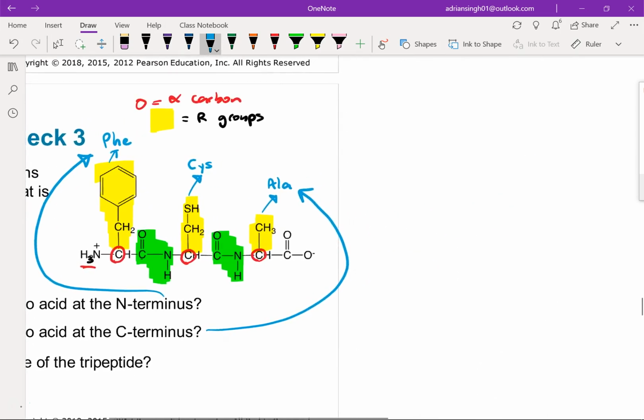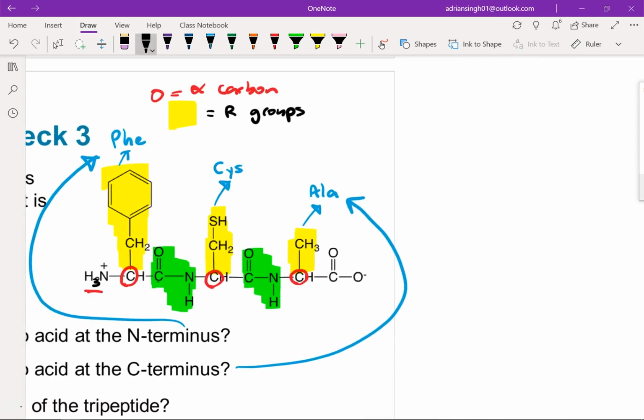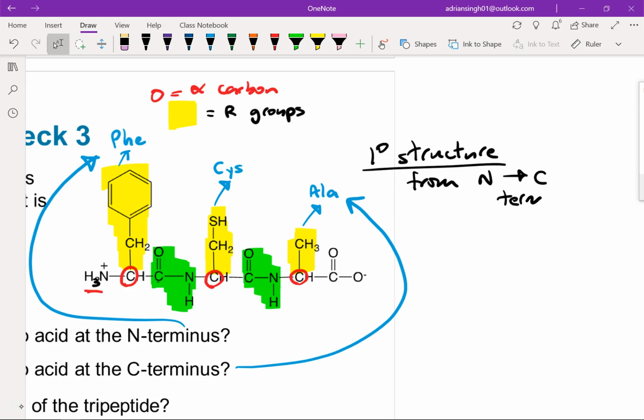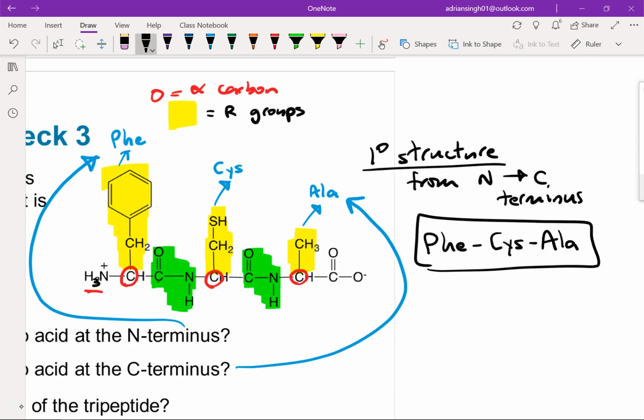If we wanted to, we can write the primary structure for this from the N to the C terminus. It is going to be phenylalanine, PHE, connected to cysteine, connected to alanine. That's all that the primary structure is, just a sequence of the amino acids in that order.